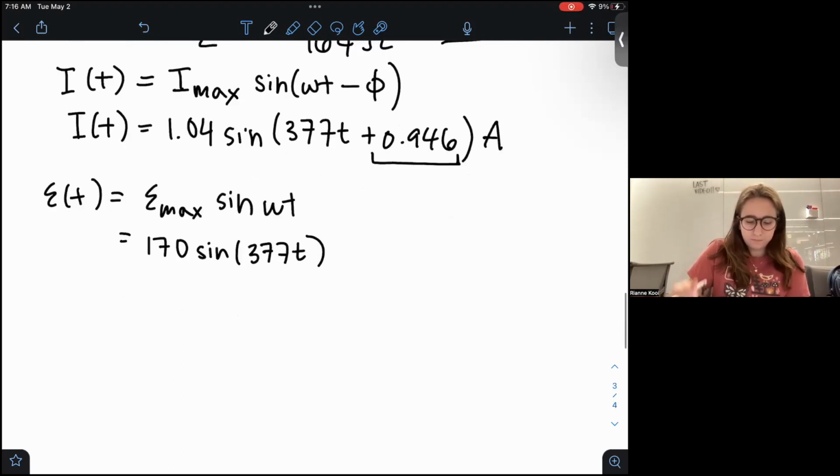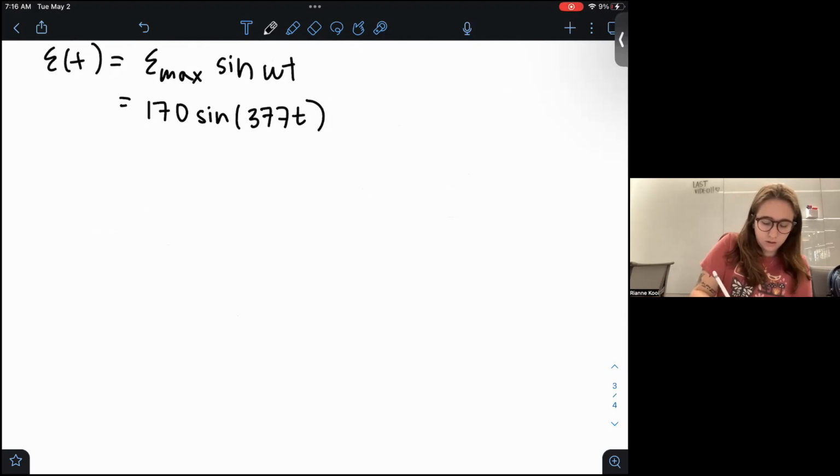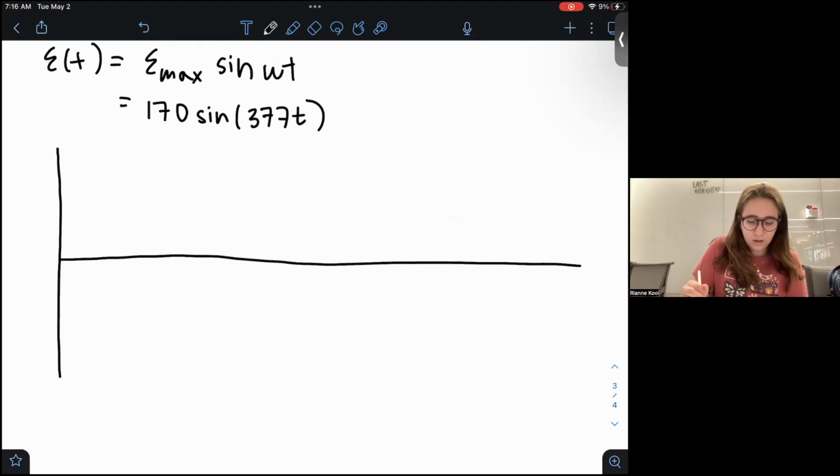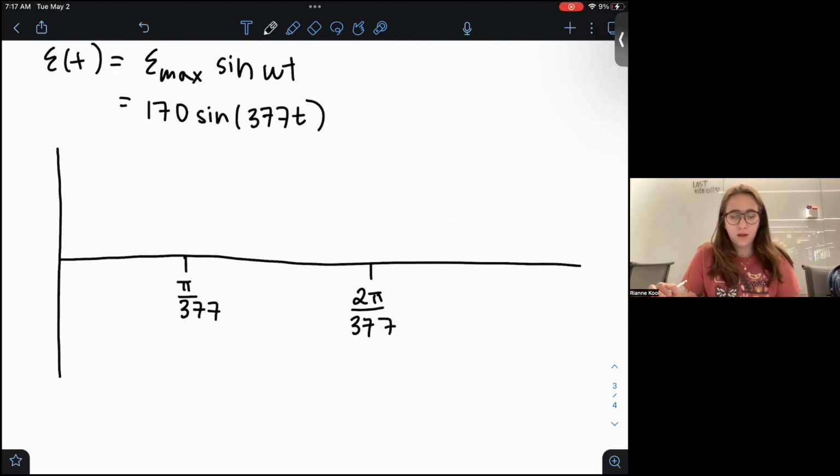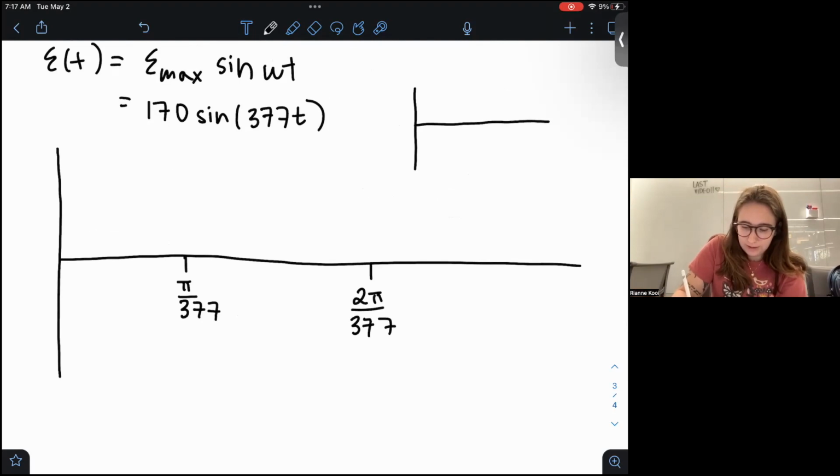So if we were to plot this, I'm going to make note of some particular, special areas. I'm going to write this as pi over 377, and this one as 2 pi over 377. The reason why I chose this is because when you do the sine graph, remember, it kind of looks like that.